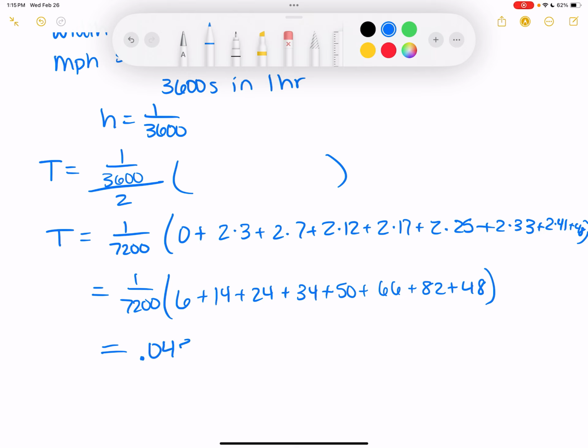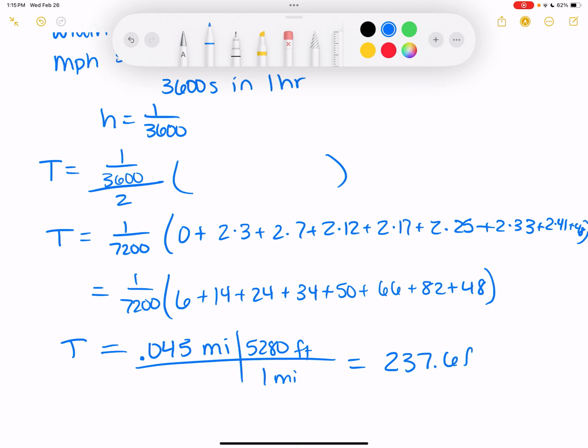Now, keep in mind, this was in miles because it was miles per hour. But I need feet. So what do I need to do? Multiply by 5,280. So that's our feet.